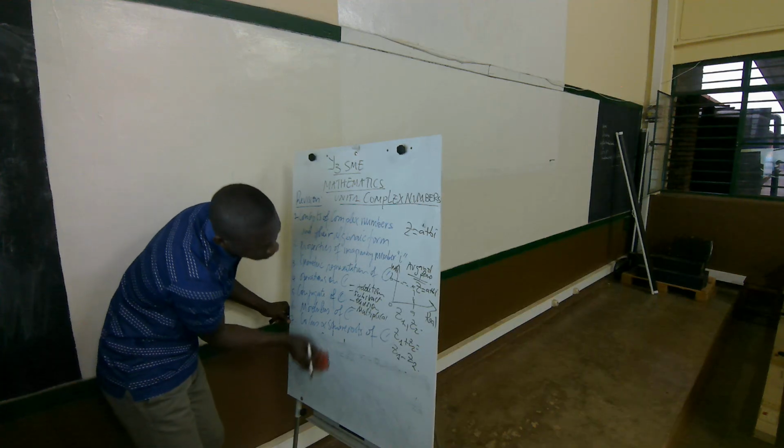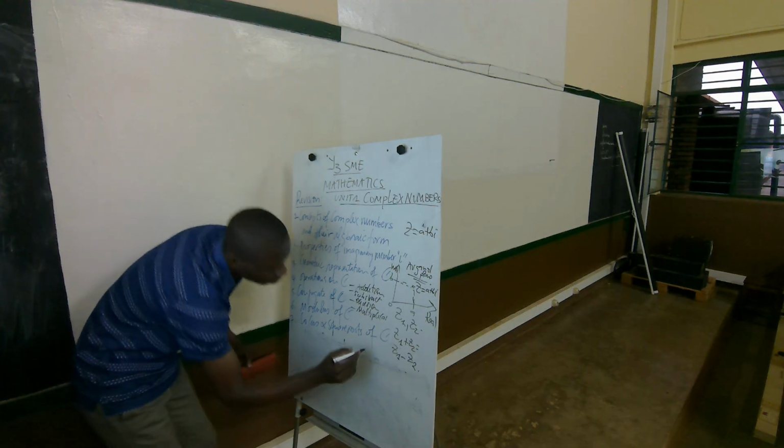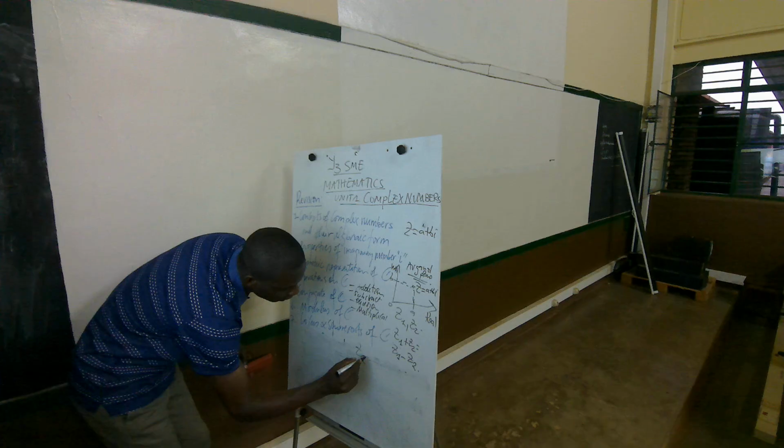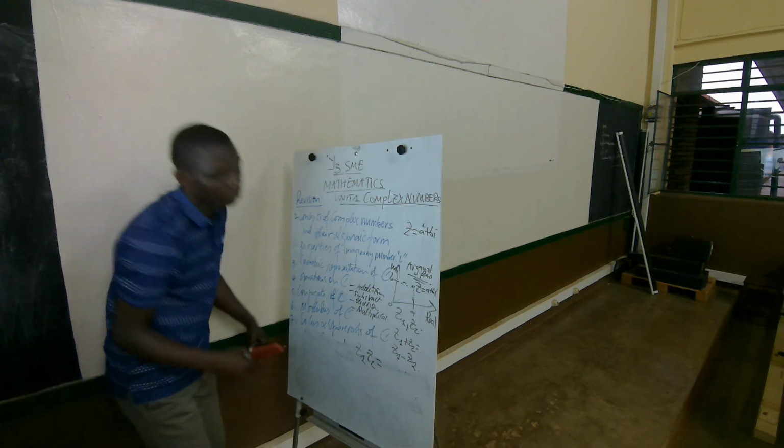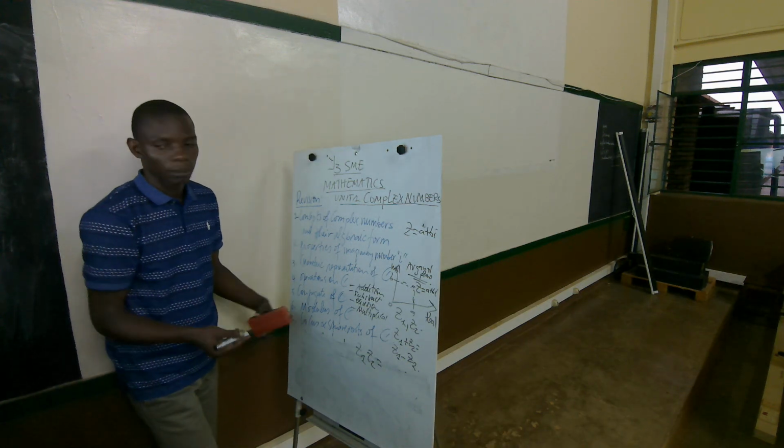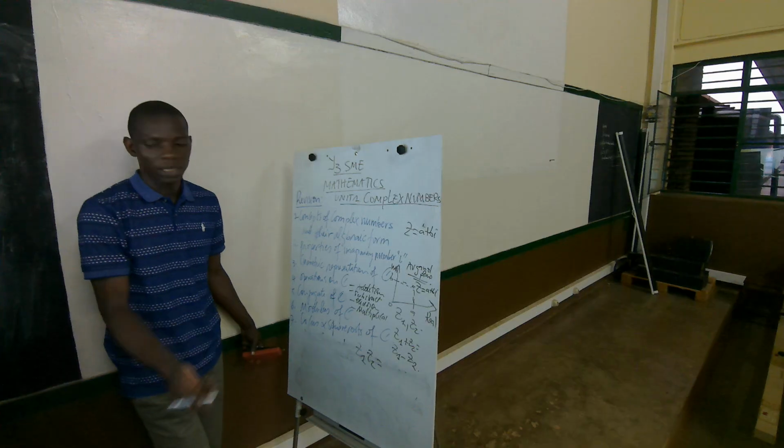seen also the case of multiplication, where you can multiply z1 and z2, by following the rule of multiplication.